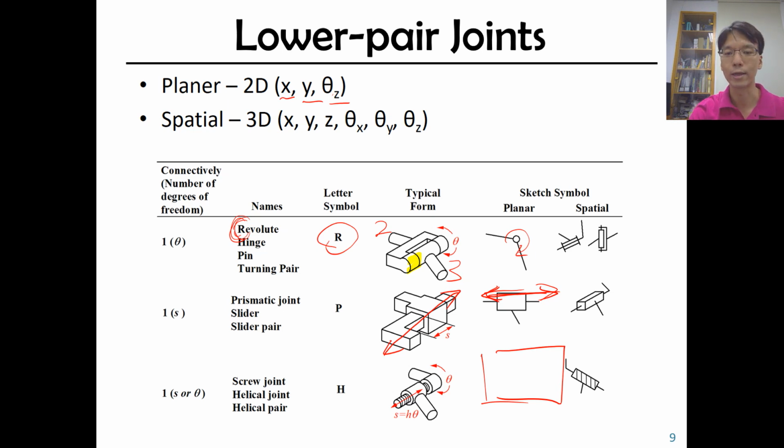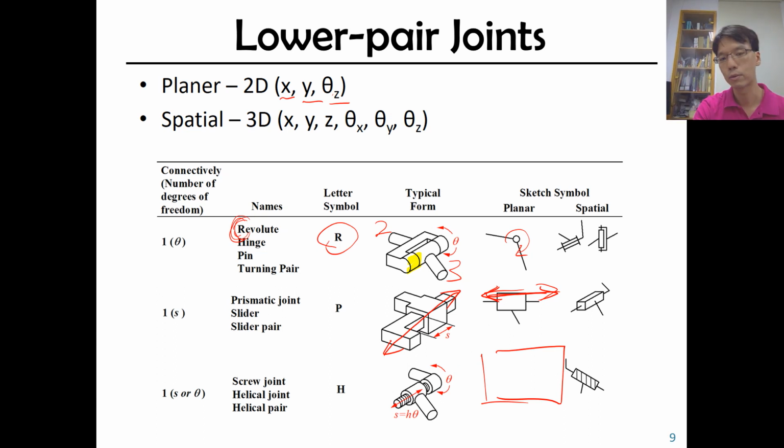It's not only rotating; it's also linear motion. But the important thing is that the rotational motion and the linear motion of this joint are dependent. That means if I rotate one round, it will also move a certain distance.